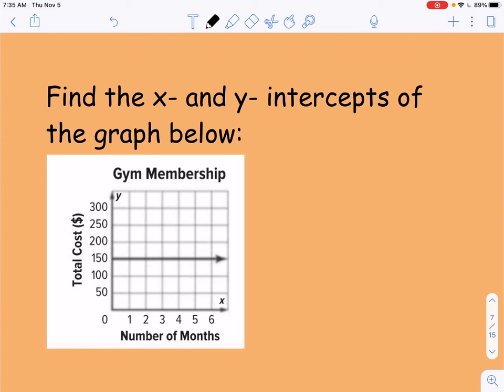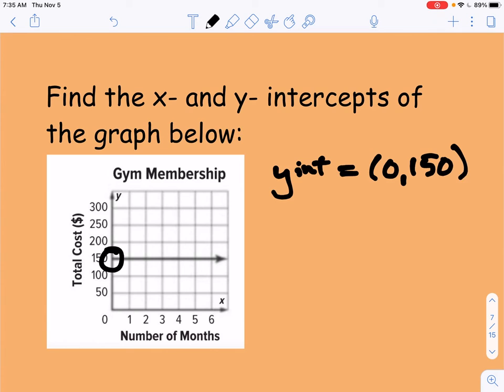We don't know what it does after this. We'll assume it goes straight, but at some point you'd have to pay more, right? So for your x and y-intercepts, let's start with our y-intercept because that's easy. That's right here because that's where it meets the y-axis, at the point 0, 150. So 0 months, you pay 150.